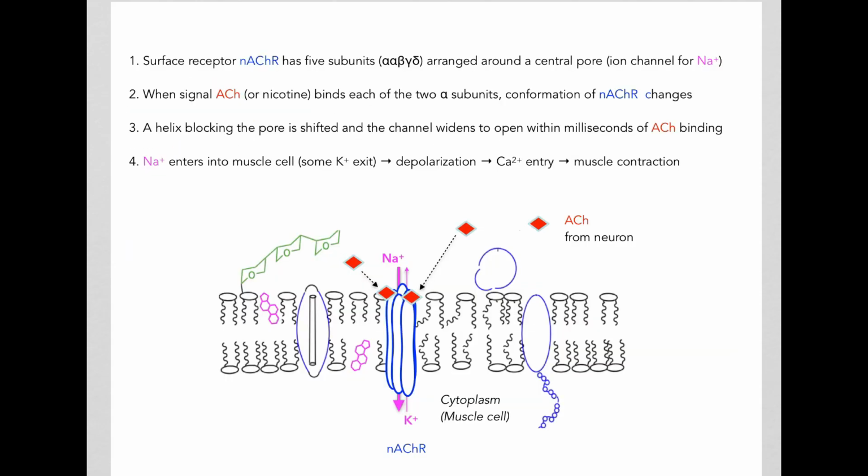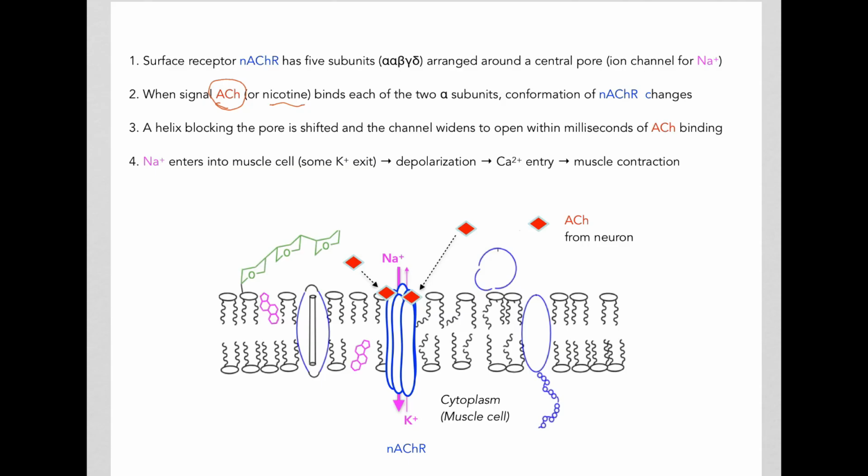So if we look at the structure of this receptor, it's a surface receptor found on the plasma membrane. This receptor, the nAChR, has 5 subunits that are arranged around a central channel. And this channel in the middle here is an ion channel for sodium. So when the signal acetylcholine, that's your natural signal, even nicotine can bind to this receptor.